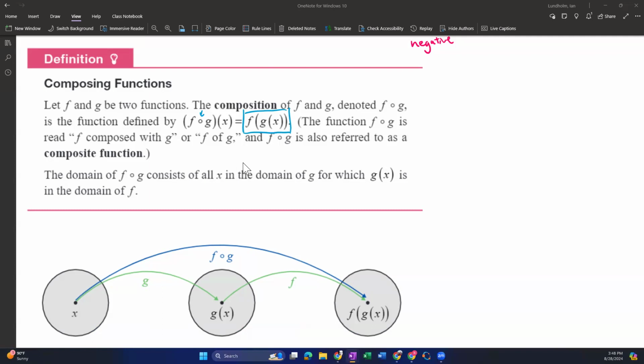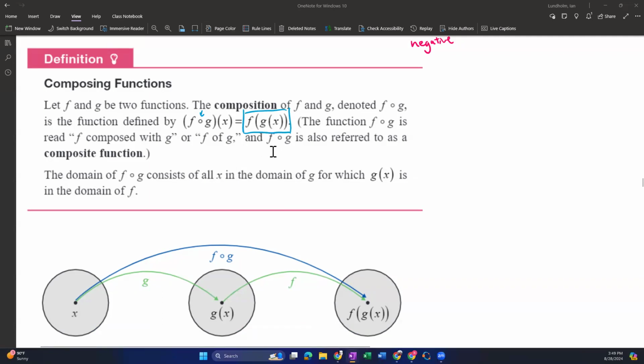It's fine. But normally, we're going to use this because we can see that g is on the inside of x. And the idea here is that when we shove one function inside of the other, the outputs of g become the inputs of f when we've rearranged it this way.